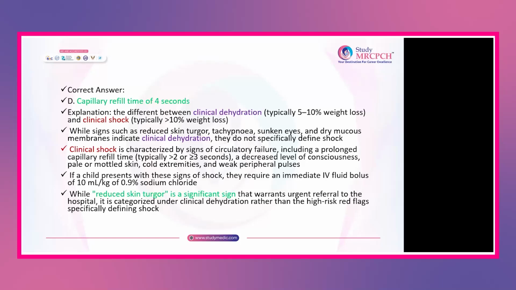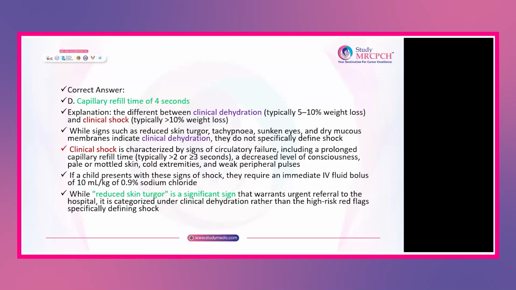While reduced skin turgor is a significant sign that warrants urgent referral to the hospital, it is categorized under clinical dehydration rather than the high-risk red flags defining shock. So what does that mean? If I am in primary healthcare and I see reduced skin turgor, it is better for me to refer him to the hospital to start urgent treatment.